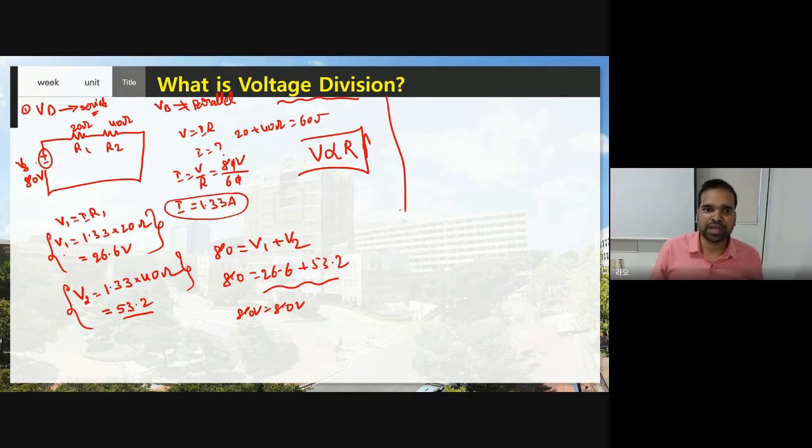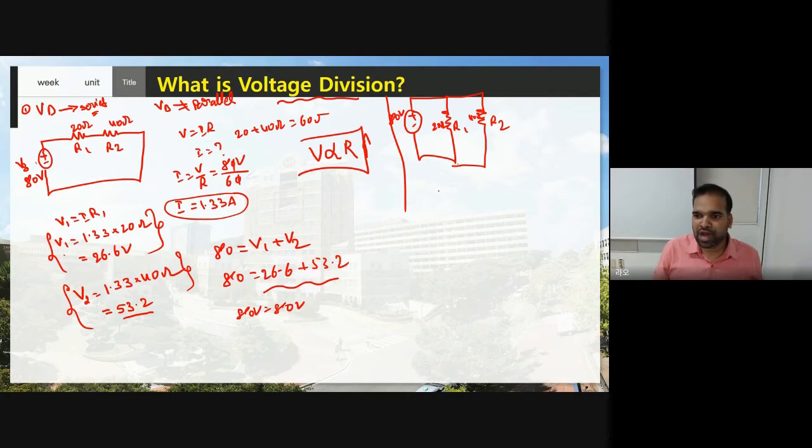And coming to the parallel circuit, suppose here we have the same two resistors connected, R1 and R2, with 20 ohm and 40 ohm, and the voltage source is also 80 volts. Whenever the circuit is connected in parallel, the voltage is the same at R1 and at R2.